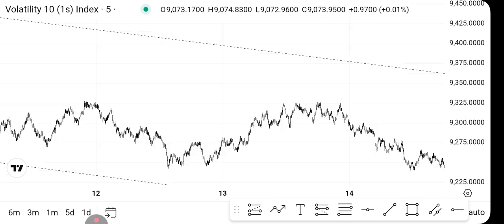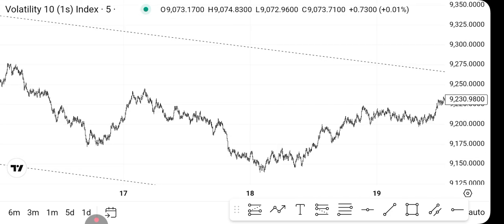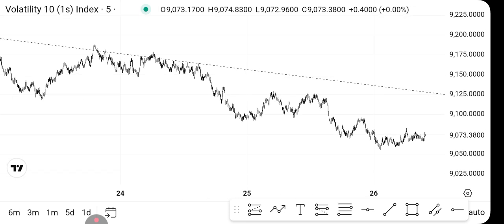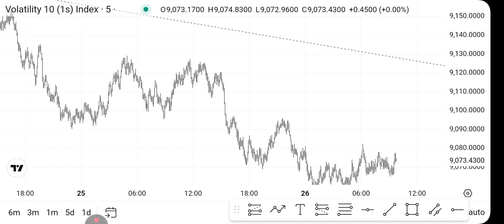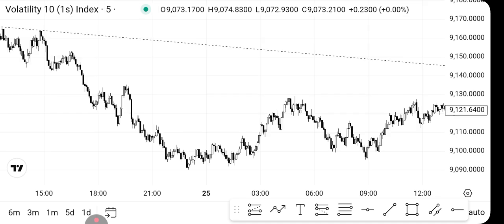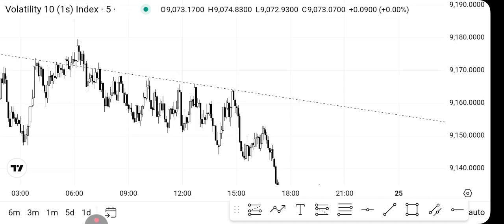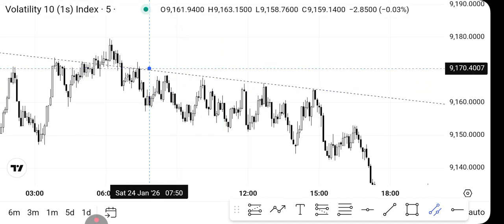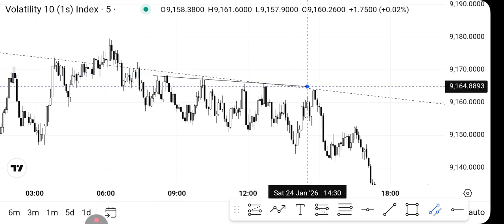There's a recent channel that happened here, so let's use that. This is VIX 10S, 101S. You can also find the scalping strategy on other pairs too. Okay, this is one that happened here. So this is a channel. We've identified a channel in a trend.